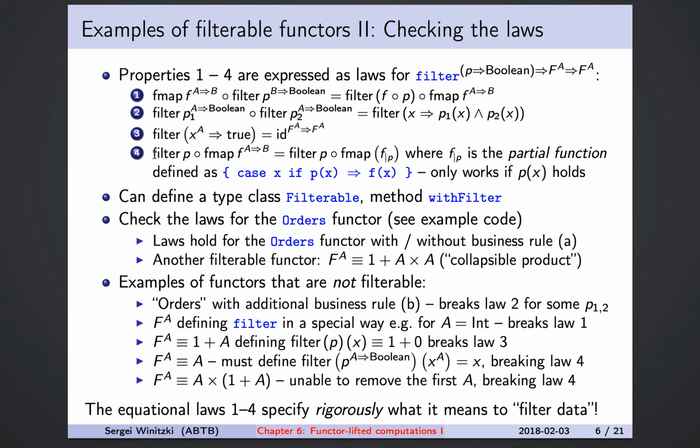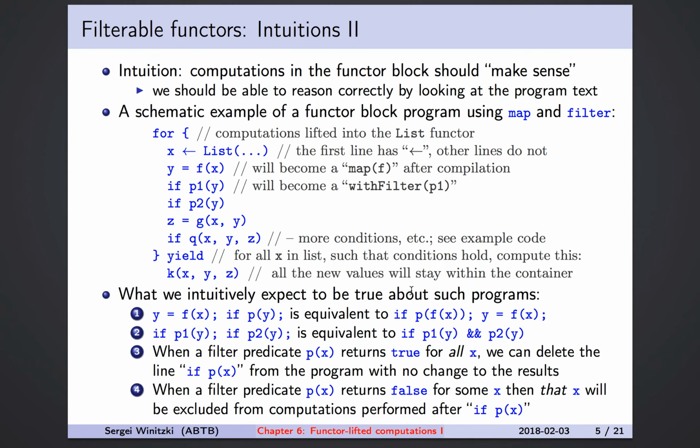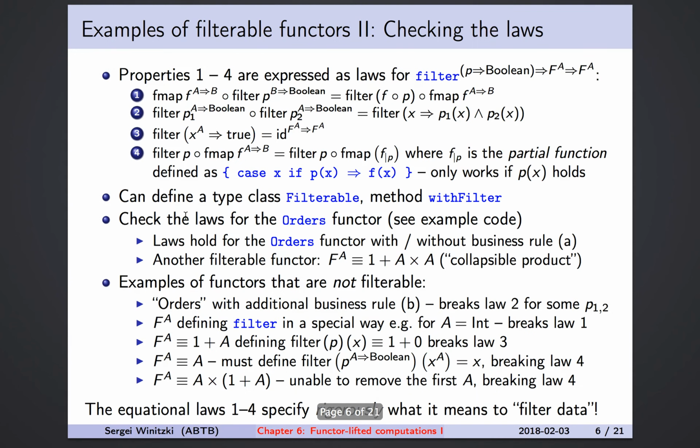And the fourth law is a little more complicated to formulate. So filter P followed by some map. We're trying to describe what it means that x will be excluded from computations performed after this if. So we need to put some computation after this if. Let's say this is a computation that is transforming by f. It could be a filter, right?